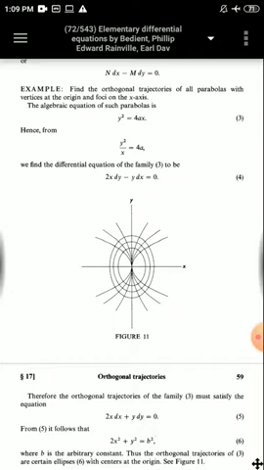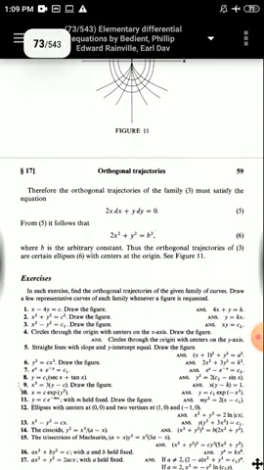Hence, from y²/x = 4a, we find the differential equation of the family 3 to be 2x dy - y dx = 0. Therefore, the orthogonal trajectories of the family 3 must satisfy the equation 2x dx + y dy = 0.